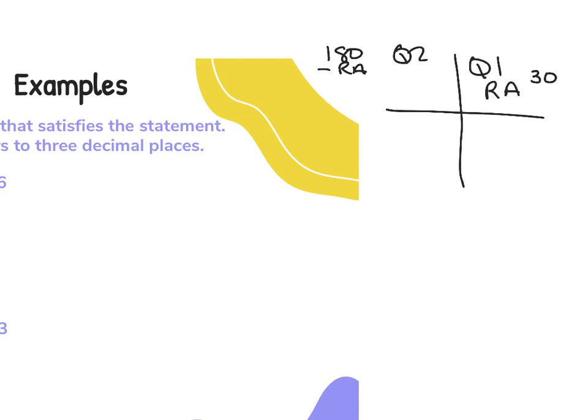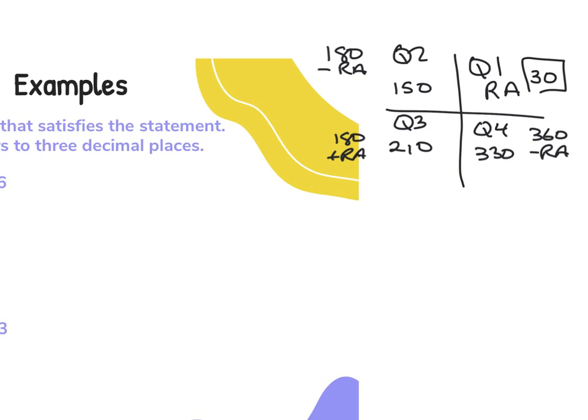So 180 minus 30 was 150. And then in quadrant 3, we took the 180 and we added the reference angle and we got 210. And then here, quadrant 4, we did 360 minus the reference angle, and that would have been 330. This was when the reference angle was 30.